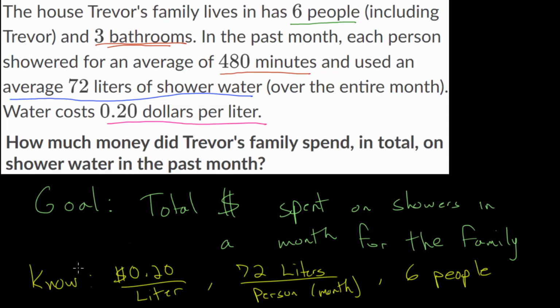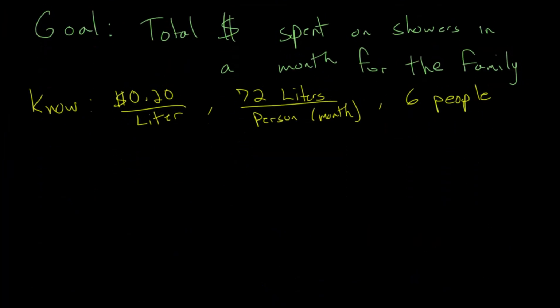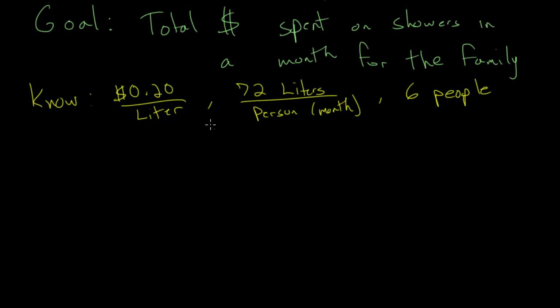So at this point, we can use what we know to figure out our goal here, the total amount of money. So let me make a little bit of room and we can figure this out. Since we want the total money, let's start with this 20 cents per liter, and we will do some rate conversion here.